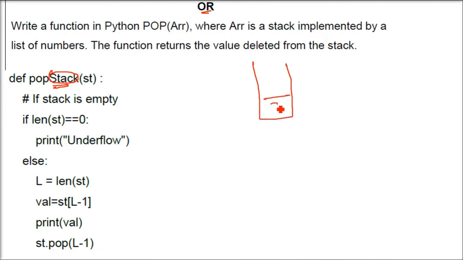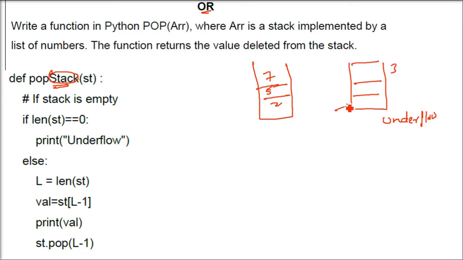So we have a stack and say it has some numbers, 2, 5, 7. We are now popping out the number. If there is no number inside, what are you going to get? If you want to pop from an empty list, this condition is called underflow.